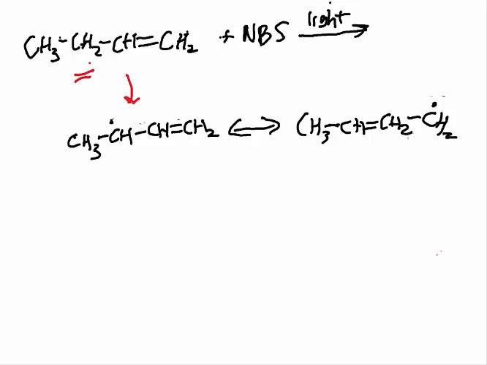I'll repeat again that resonance structures aren't real. They're drawings, and the real species is the combination hybrid of those. But in this case, we're going to proceed as we did with the allylic carbocations. I'm going to assume that each radical is real and accordingly write a product for reaction of that.